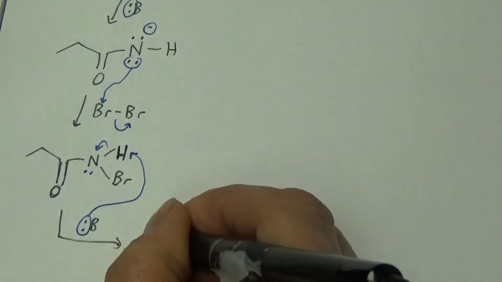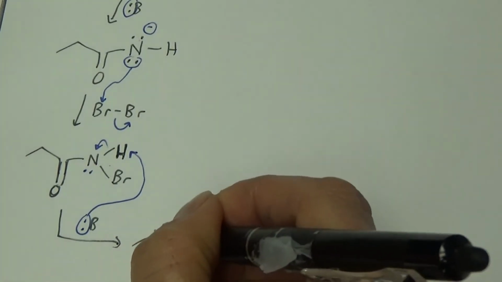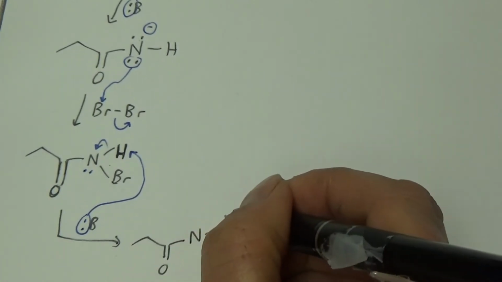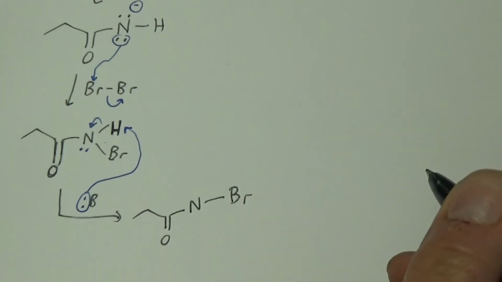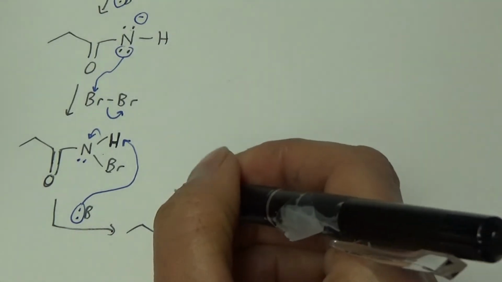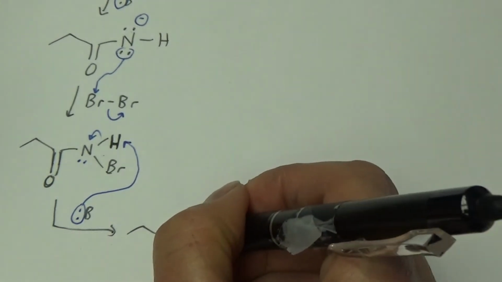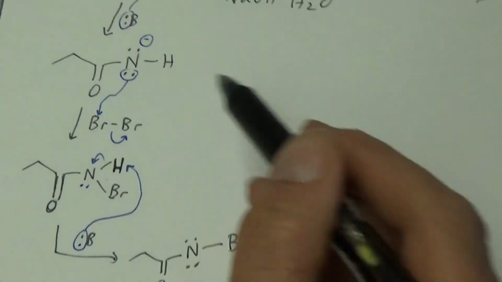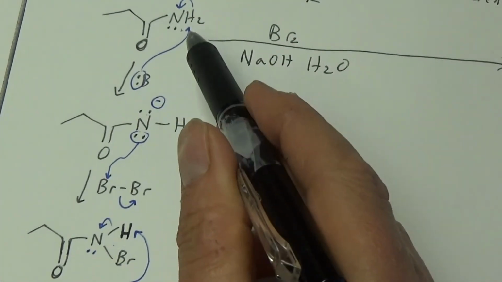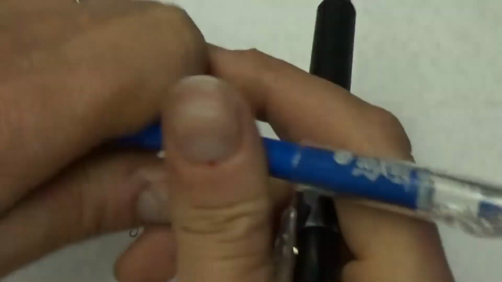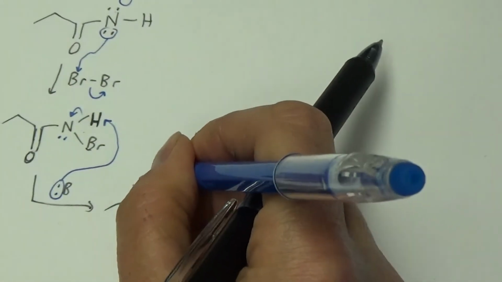What does that give us? Nitrogen, and still got the Br on there. Now how many lone pairs do we have on nitrogen? We have 2. And what's the charge on nitrogen? Well, just like before, when a base took a proton, where the electrons go onto nitrogen, it is negative. So now it's negatively charged.